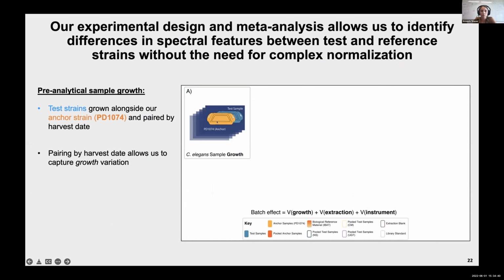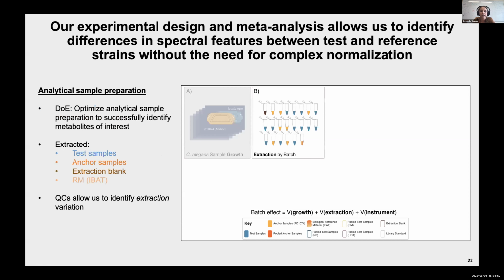So first, we grew every single test sample from those 3 study groups alongside a PD1074 anchor sample, and we paired those by harvest date, which allowed us to capture any growth variation that we may have introduced in our study. We then extracted those samples by batch, and we added at this time an iterative batch averaging method that Art has talked about in the past, which helped us capture extraction variation.